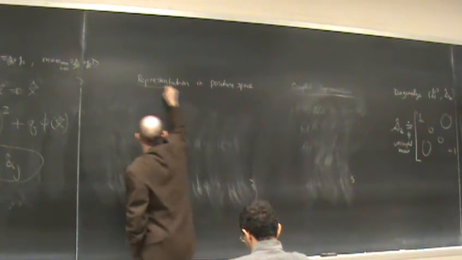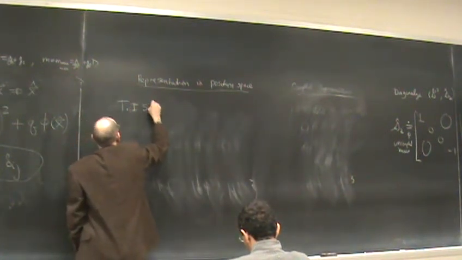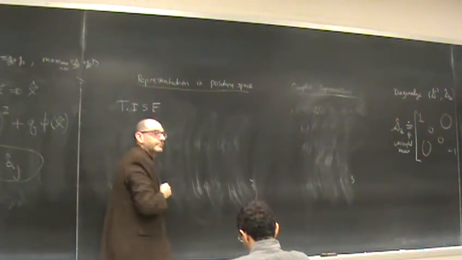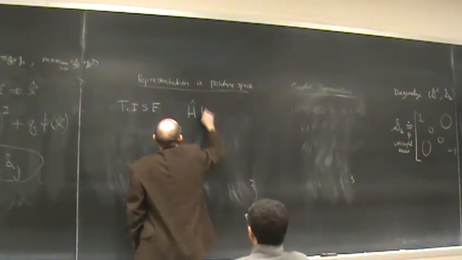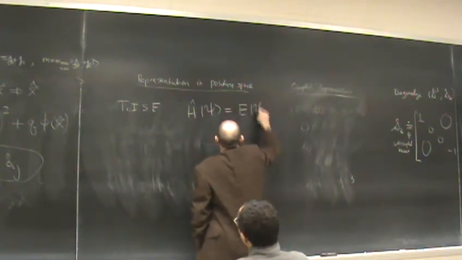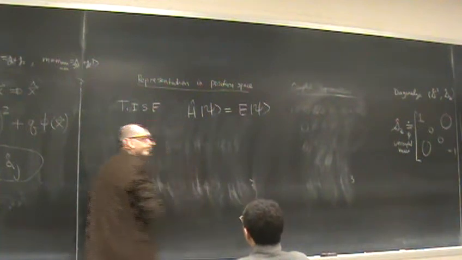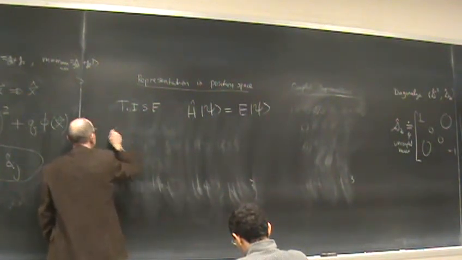So let's say I have the time-independent Schrodinger equation, H psi equals E psi. Let's again write this in position space.